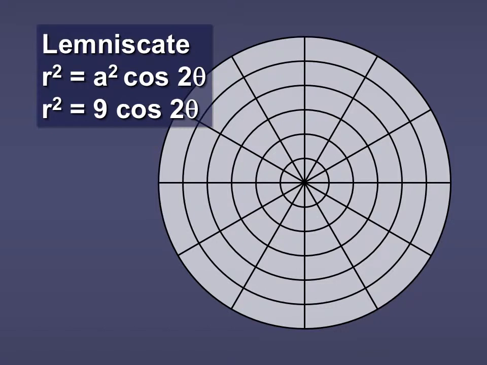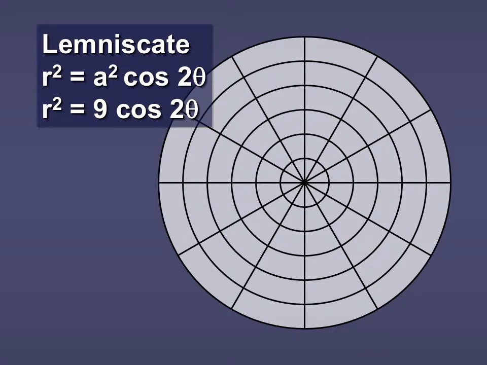So that particular type of polar equation that is better left in the polar coordinate system is called a lemniscate. It has the form of r squared equals a squared cosine 2 theta, right? So your big clue to classify it as a lemniscate is this r squared. Also cosine 2 theta, that's another huge clue.